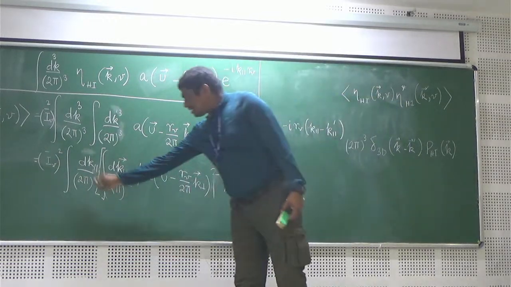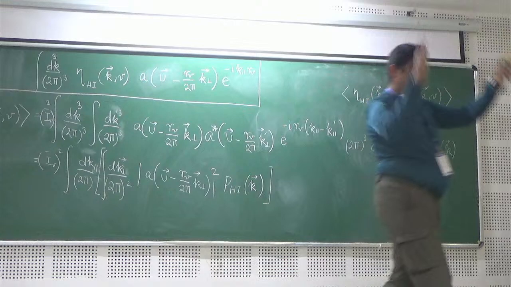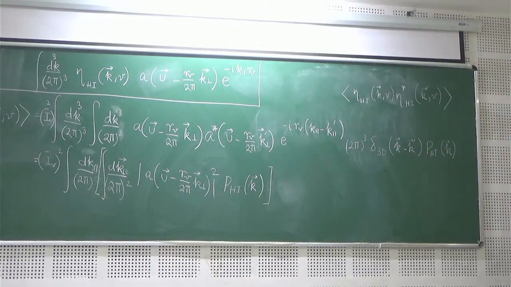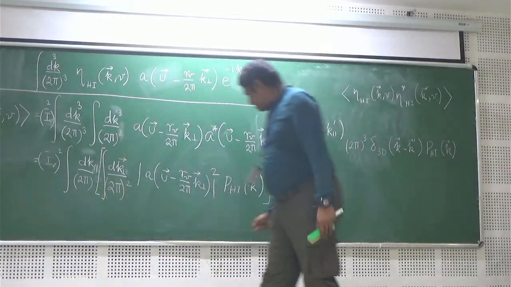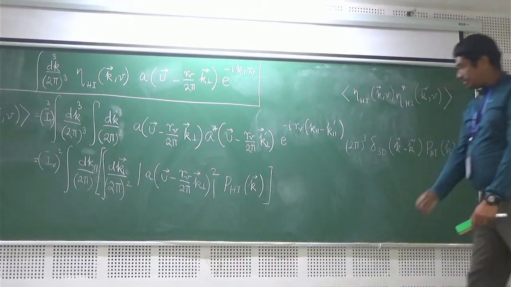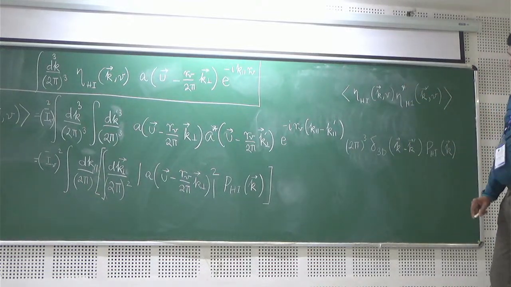So if you think of a three-dimensional box in k parallel, k perpendicular plane, remember k parallel is parallel to the line of sight. It is integrating over all the line of sight. And so then there is something within this square bracket which you need to look at now.